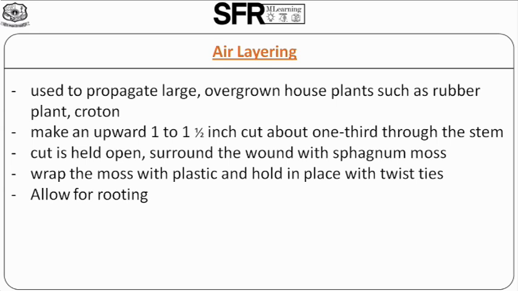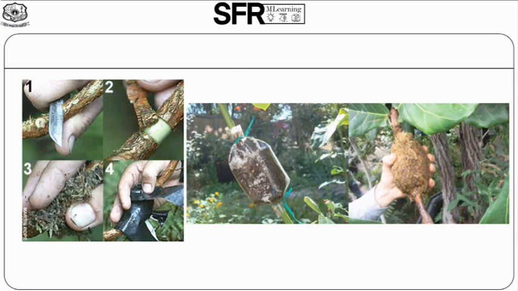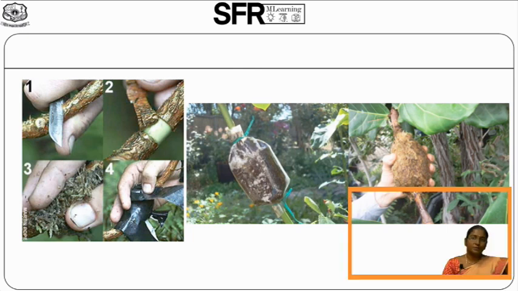After 15 days, roots will start to appear. This is what we do in air layering. From the picture you can see that first is the selection of the stem. Here we select a matured stem, and after selecting it, cut open the bark. It should be 1 to 1.5 inches in length, and over it place moss, sphagnum moss, or compost mixed with soil.